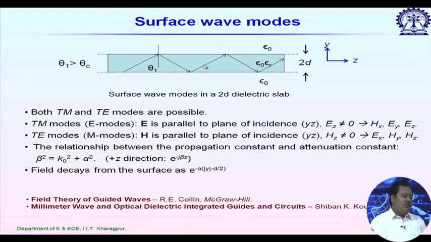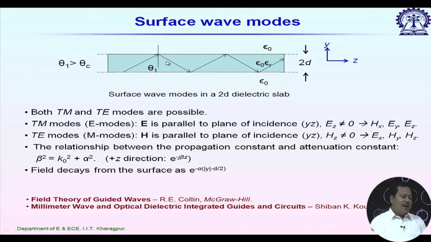It can be shown it can support TM and TE modes, but not TEM mode, since we do not have at least two conductors. So, TM mode, sometimes also known as the E modes. In this case, the electric field is parallel to the plane of incidence. So, if I consider this diagram, the electric field is incident at the dielectric air boundary, and the plane of incidence is YZ.